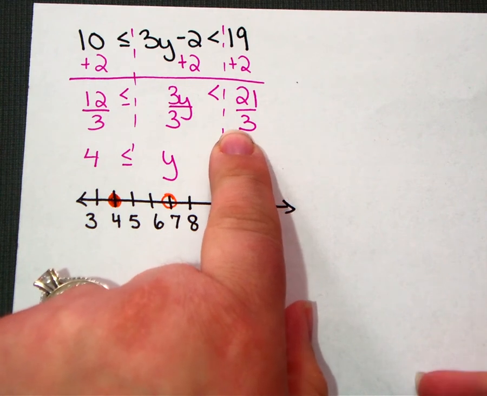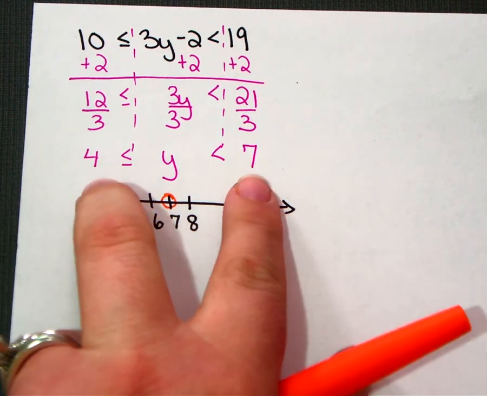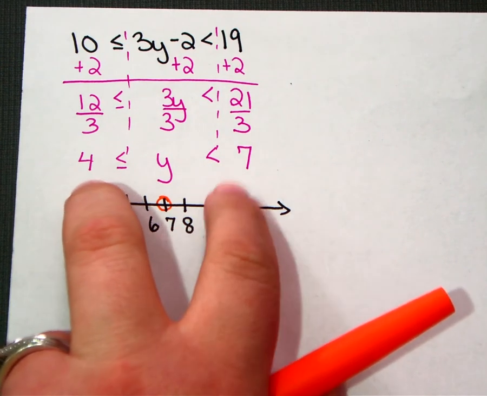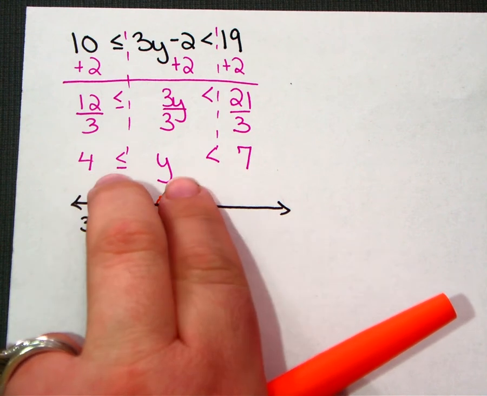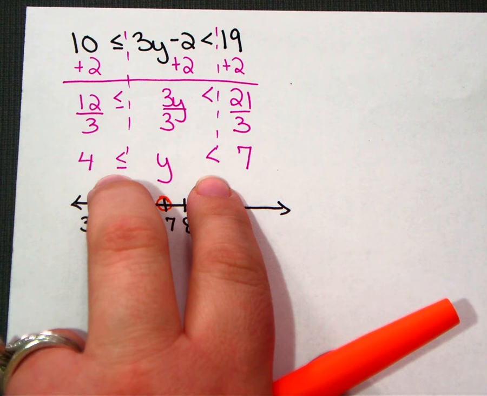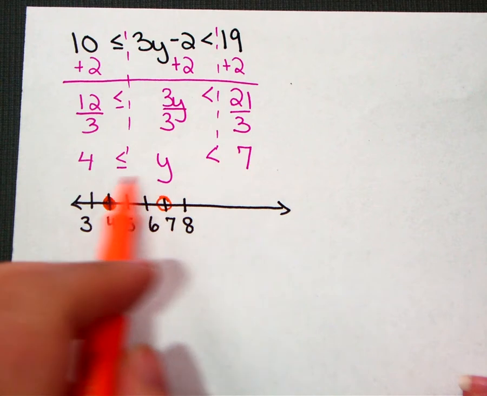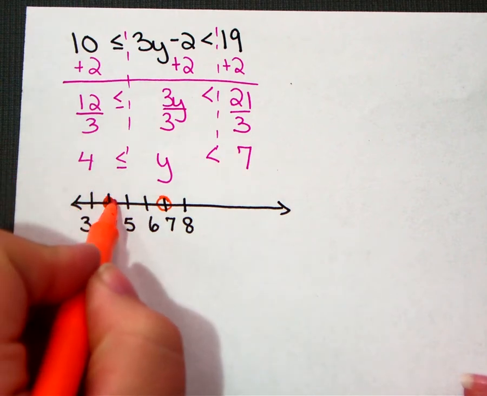So the trick is, when I have an and inequality, we need to check to make sure that my smaller number is on the left and my larger number is on the right. If this is true, then check your inequality symbols. They should both be opening to the right. That means that this is written in the correct way for an and answer, and my shading will happen in between.